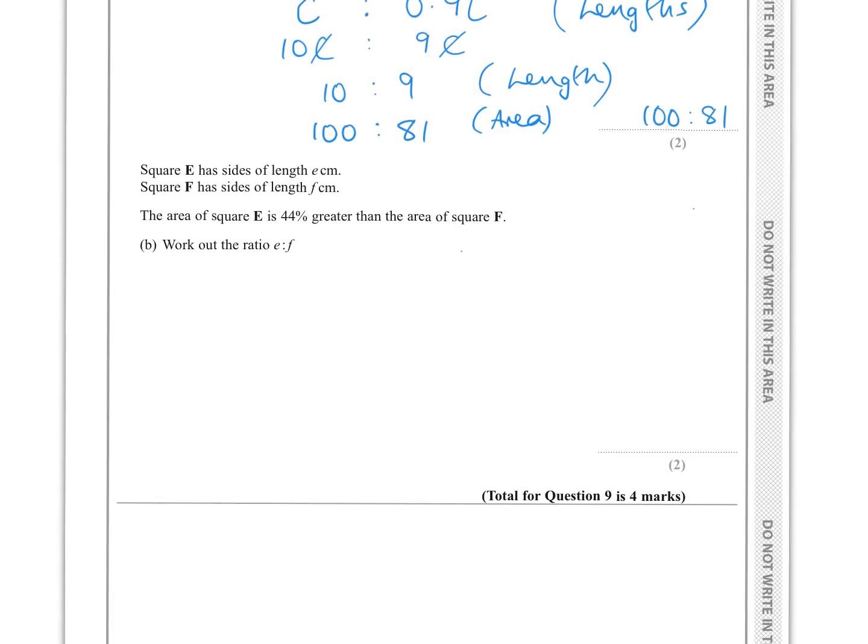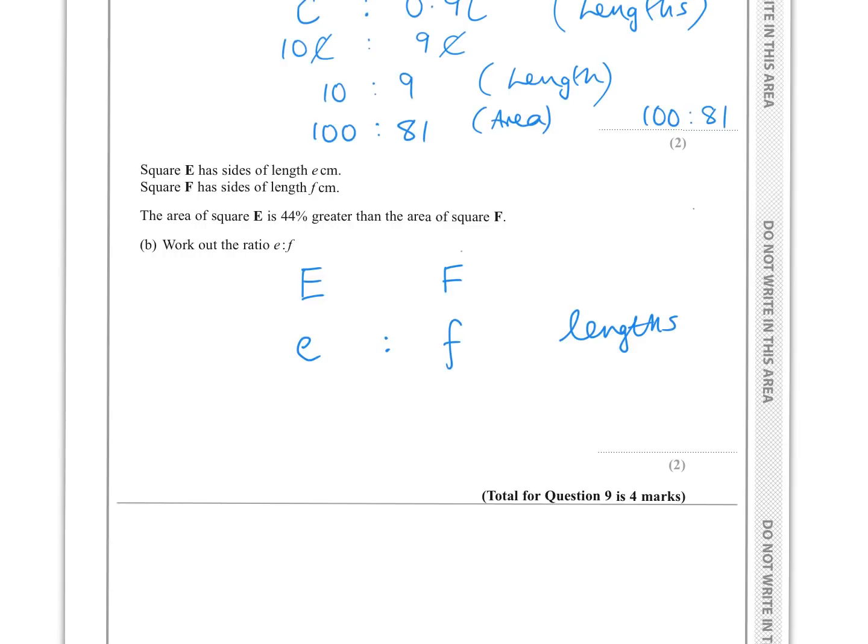Now the next part, we're given square E and square F. In terms of their lengths, we're told that E has lengths small e, and F has lengths of small f.